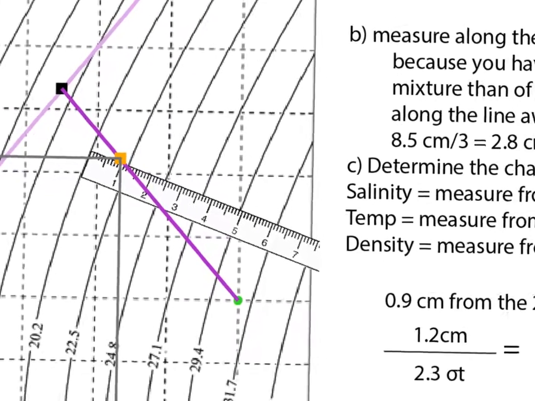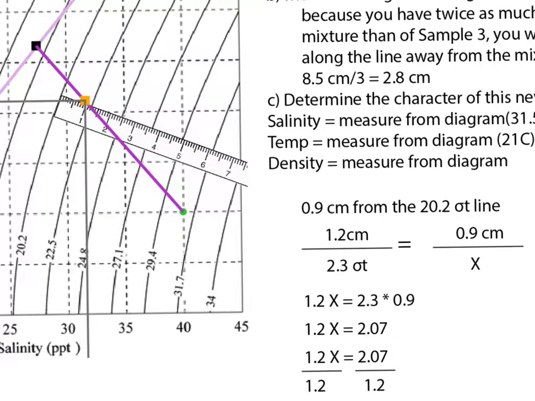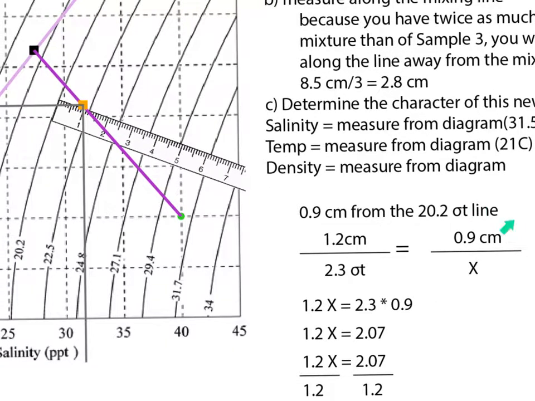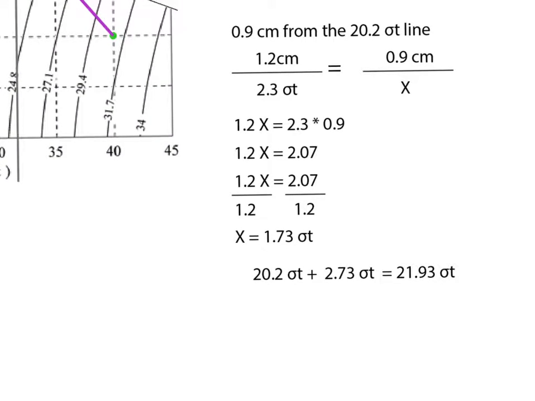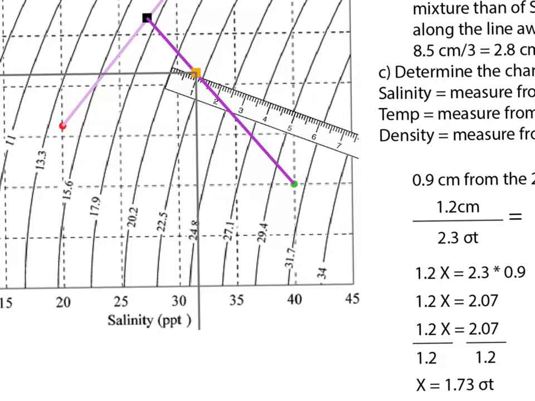We then plug that into our relationship, 0.9 centimeters, and we're solving for this X. And so we find out that if we follow the same instructions as we've done the last few times, we come up with a density of 21.93 sigma T. We double check again to make sure that that seems legitimate between 20.2 and 22.5, and that does seem like a good number.